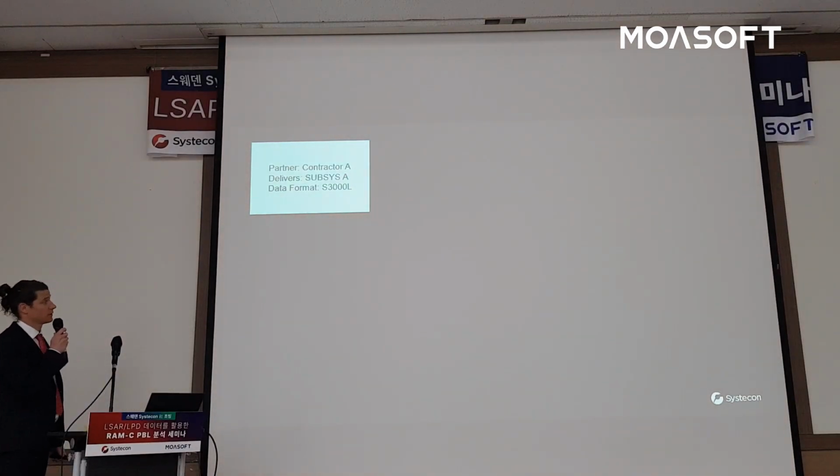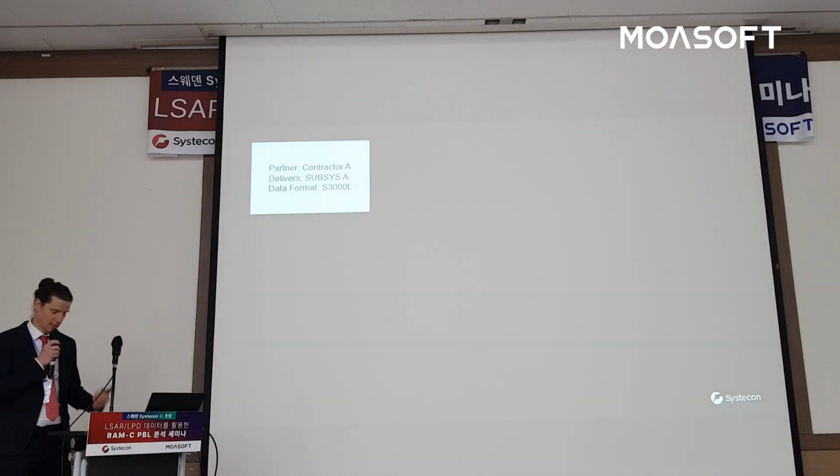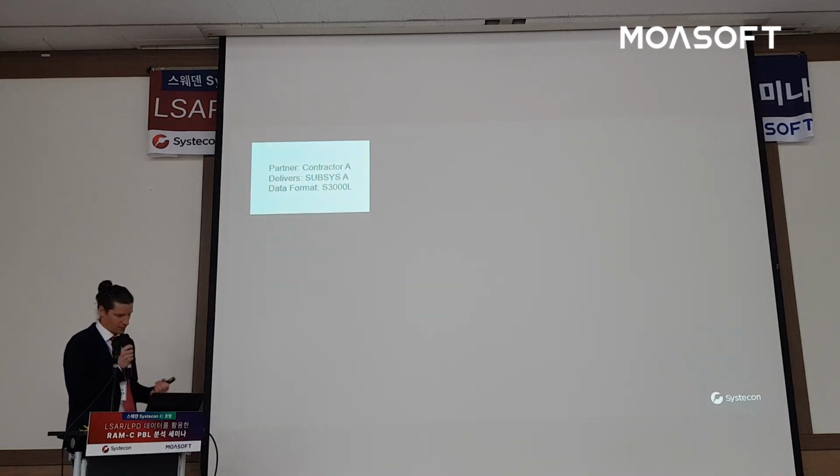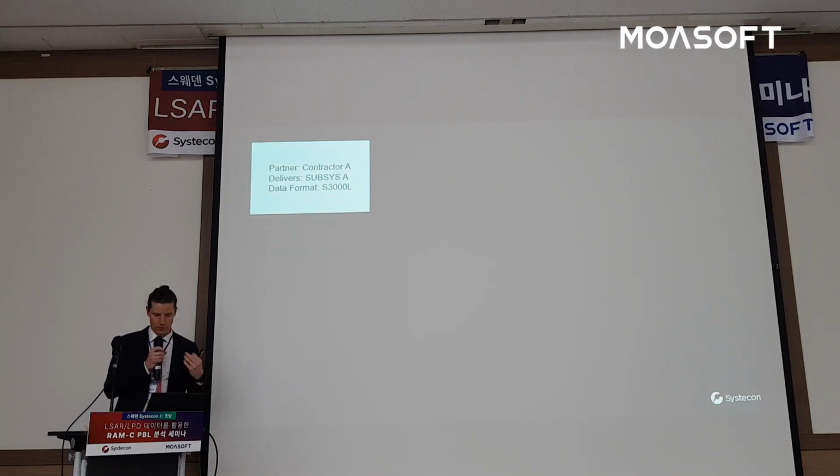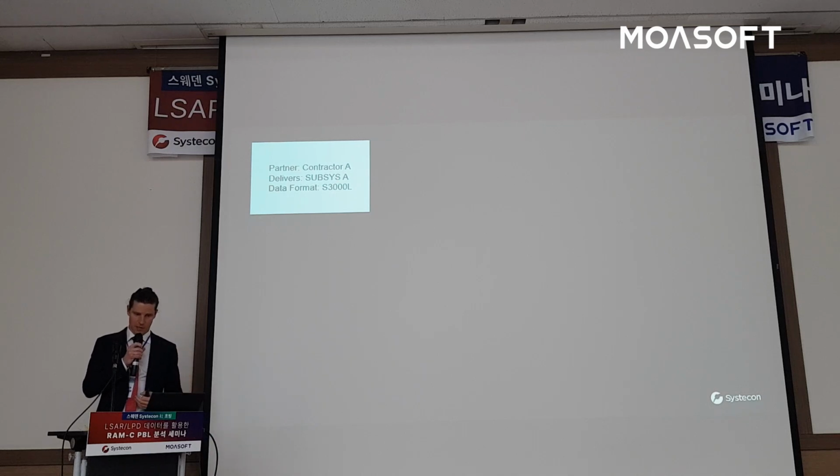So here's an example of how we can work with merging data. As I said, it's not unusual that you work with large projects that consist of many subsystems and many sub-suppliers.